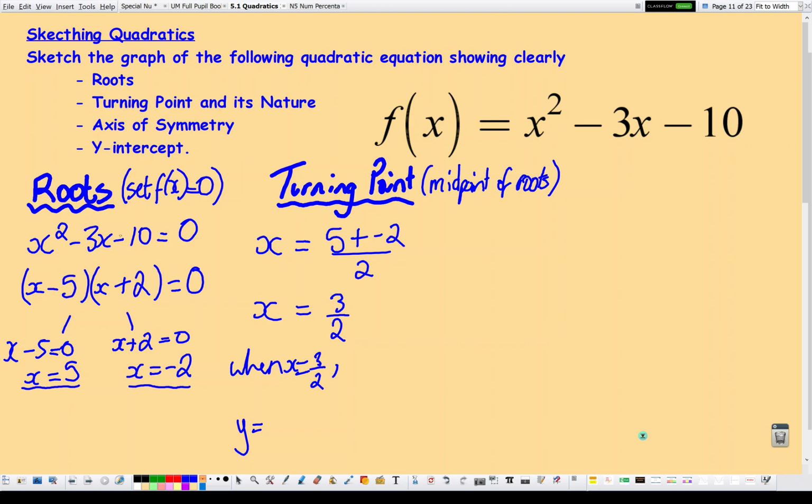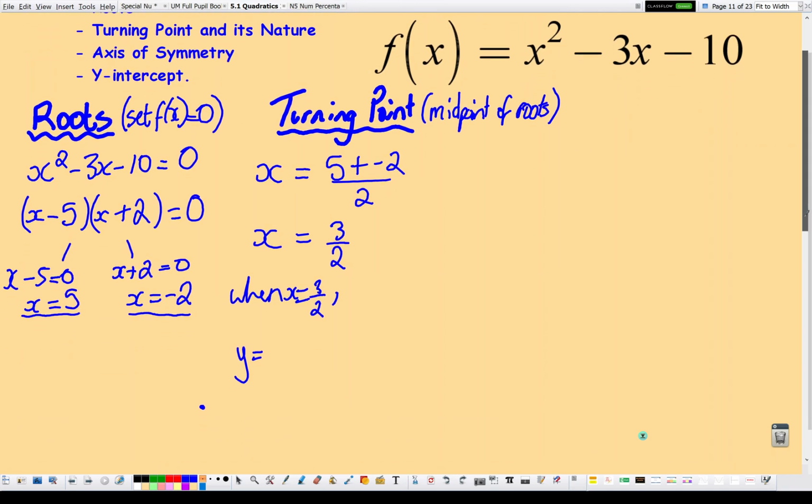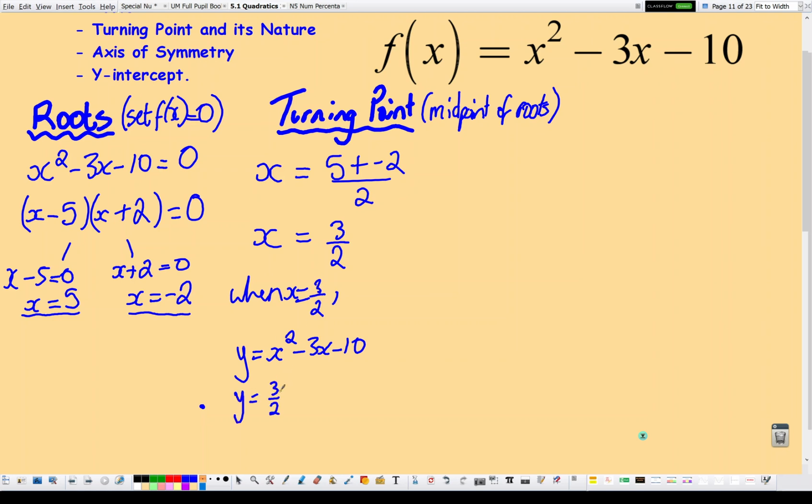It's the same thing. So just copy this down as I do it, please. y equals x squared minus 3x minus 10. So we're substituting in x equals 3 over 2. So it's 3 over 2 squared minus 3 times 3 over 2 minus 10.